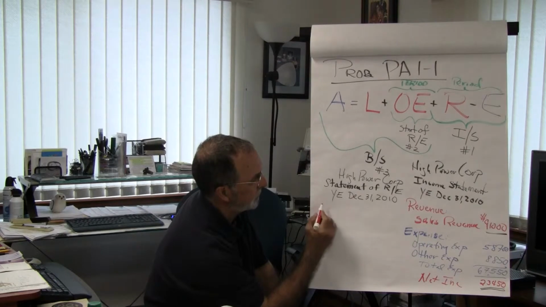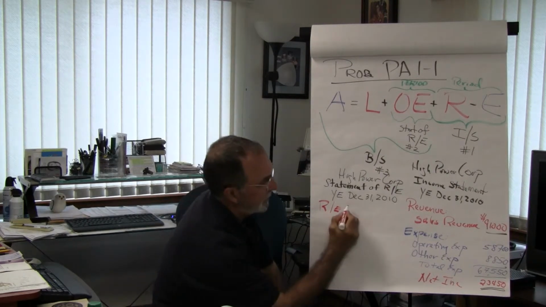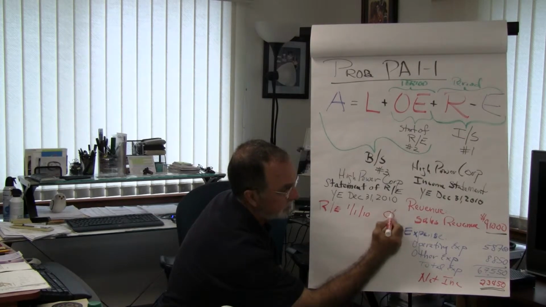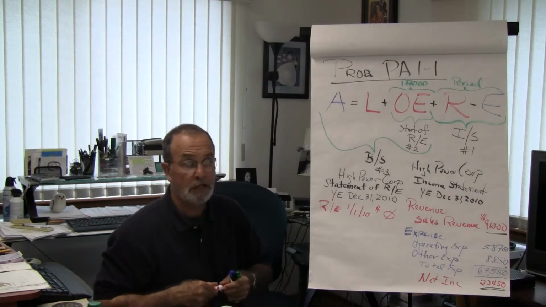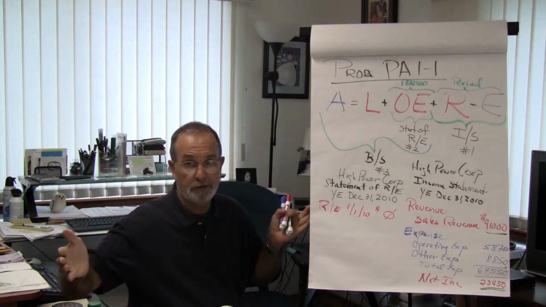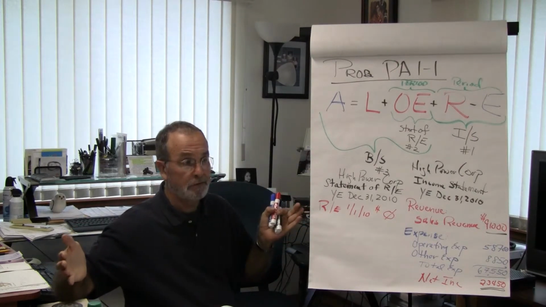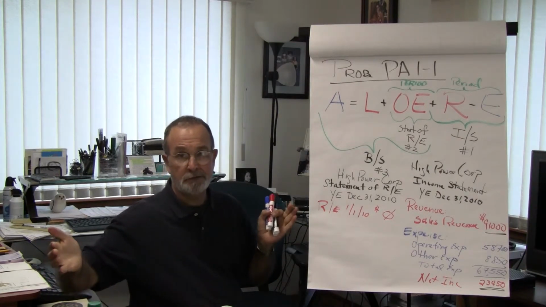So we're going to start out at the top by showing retained earnings at January 1, 2010, and again that amount is 0. Now there are two amounts each accounting period, whether it's a month or a quarter or even a semi-annual period of 6 months or a year.